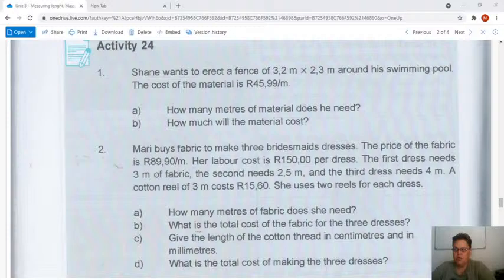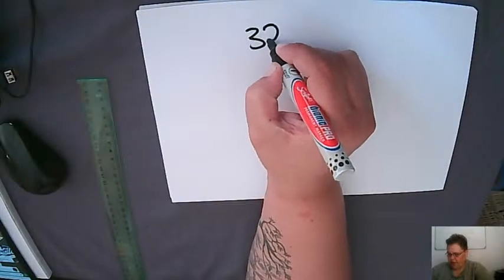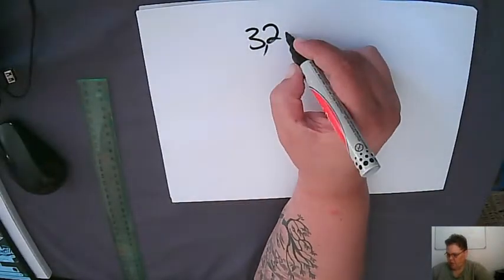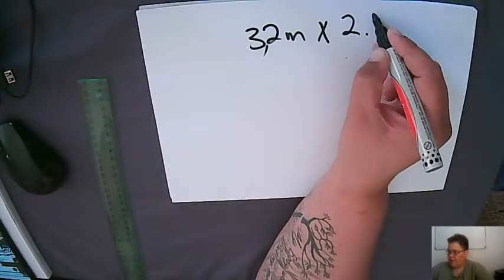The cost of the material is 45 Rand 99 per meter. How many meters of material does he need? How much will the material cost?